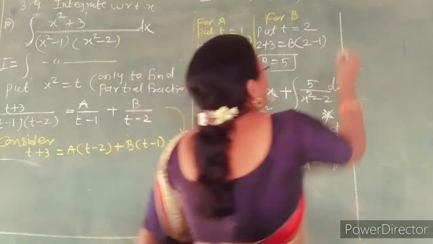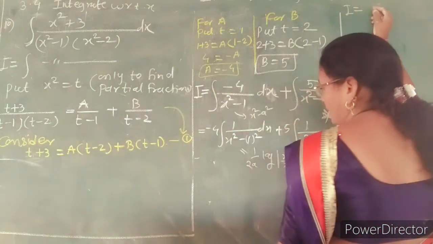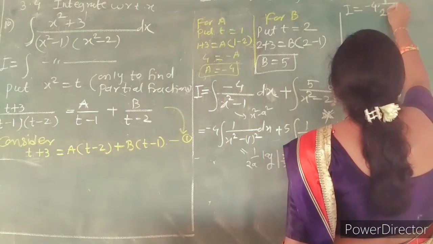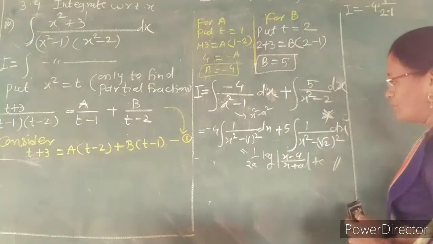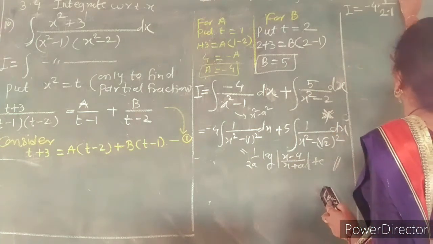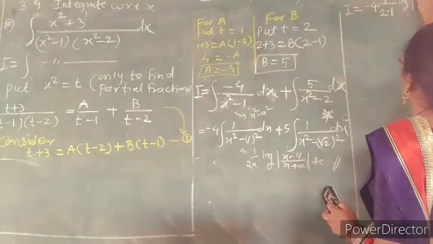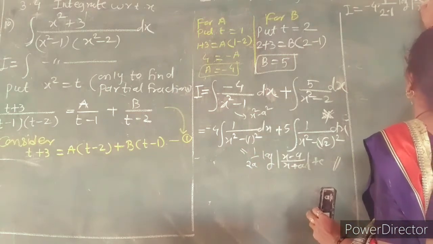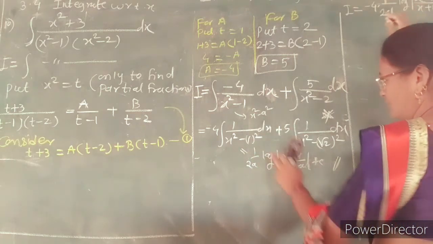Using this result, we get that integral I is equal to minus 4 times 1 upon 2a. 2a means 2 into 1. Log of mod of (x minus a) means here we take the linear factor x minus 1 upon x plus 1. This is the first case.